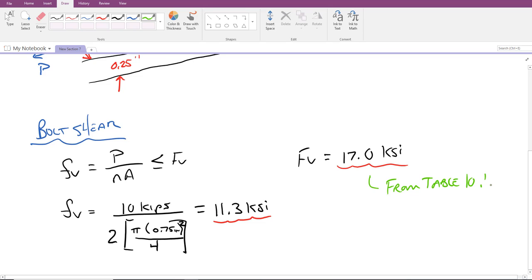From table 10.1, it's the A325 Class A bolts with a standard hole, and you'll find on there the allowable shear stress value of 17.0. We compare those two values. Our actual is less than our allowable, therefore we sing "Oh Happy Day" and move to the next one.